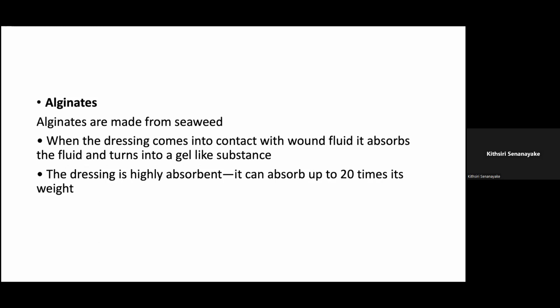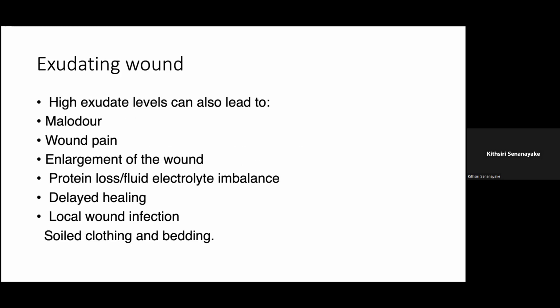So if you see an exudating wound, it is important to use a wound care dressing of a type which absorbs the exudate. A common exudating wound that I have seen in our general surgical setting is the umbilical wound, especially after an umbilical hernia repair, if it is infected.